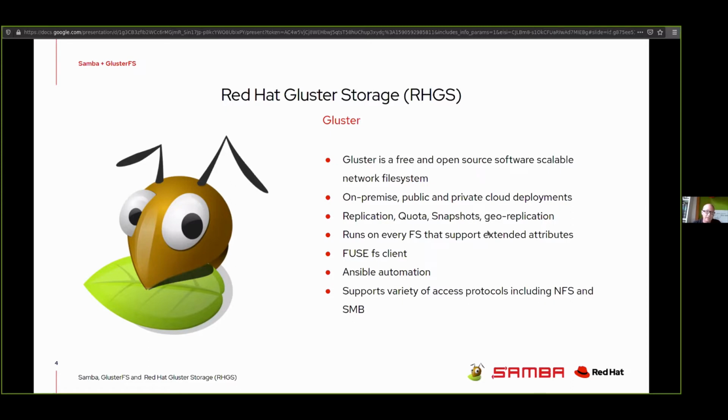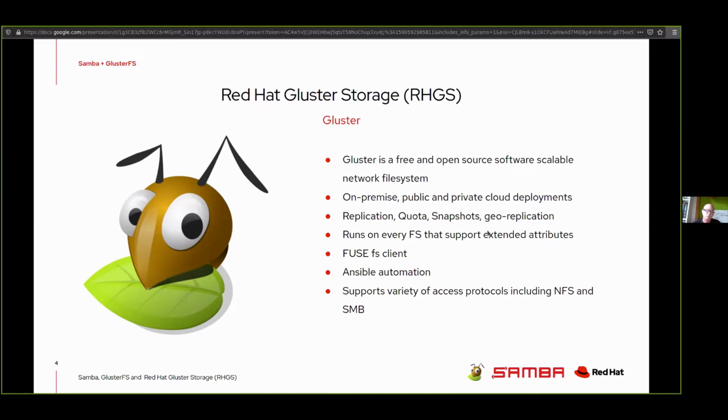Gluster runs on really every file system that just supports extended attributes, so it does not bring in its own file system, unlike other network file storage solutions, obviously. That has some advantages, but also comes with some limitations, which we will talk about later a little bit more, I think.